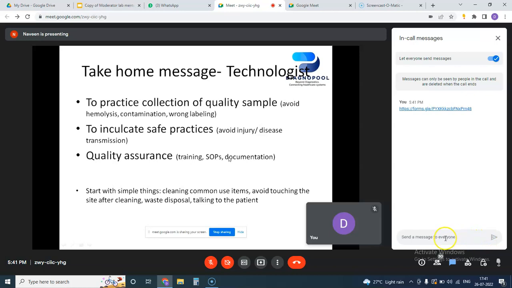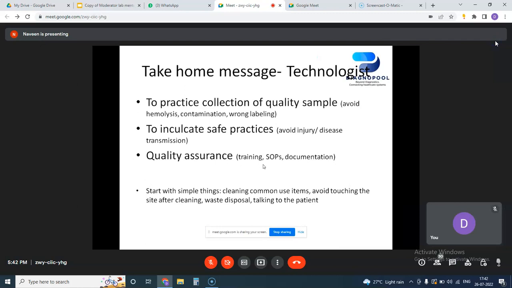So you should ask your laboratory doctors to provide the SOPs for all the procedures that we do, including phlebotomy, and technologists should always keep reading the material, like training materials and SOPs, and also practice documenting. Whether it is an adverse event like spillage, or if there is exposure like needle injuries or exposure of the blood to wounded sites, all these things should be documented. Failure of phlebotomy, all those things can be documented.